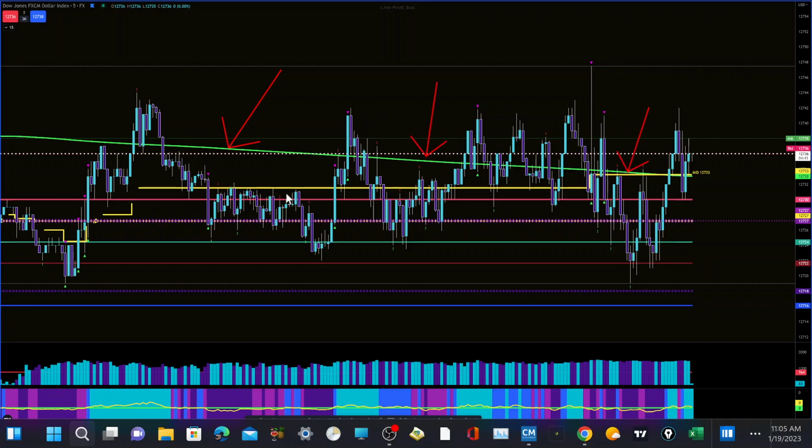It keeps on testing above, and I don't know if they're clearing out shorts to probably push higher. Who knows what's going on there.